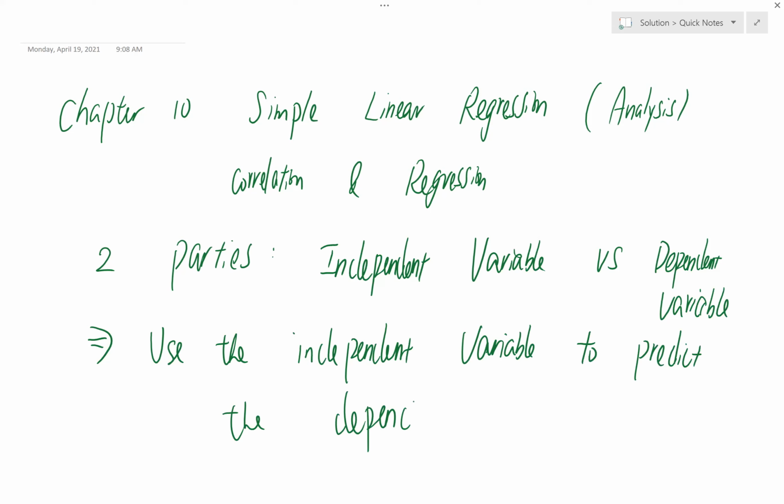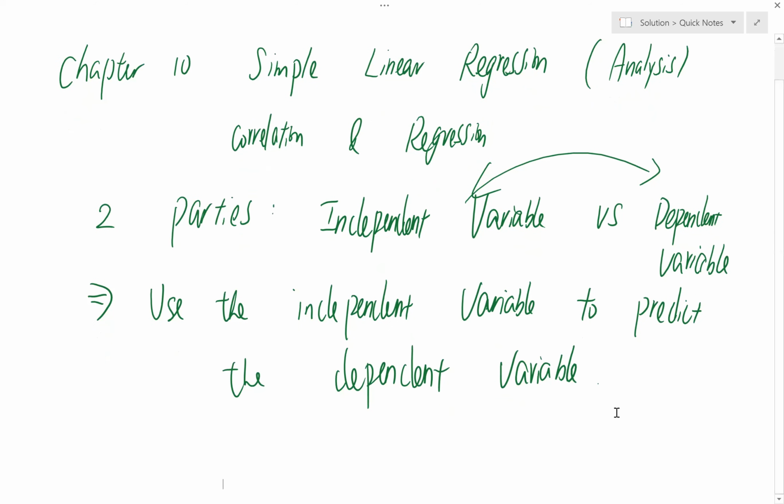Once we figure out their relationship, using some indexes, which we'll go through shortly, by understanding the relationship between these two variables, we'll be able to come up with a model. We call this the simple linear regression model, and we use the model to predict the dependent variable.